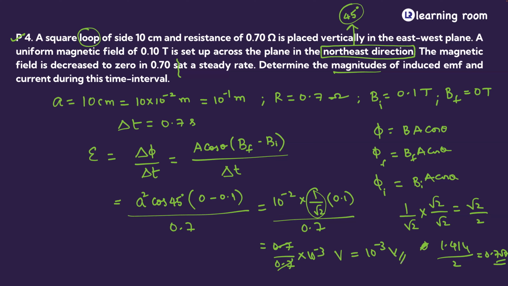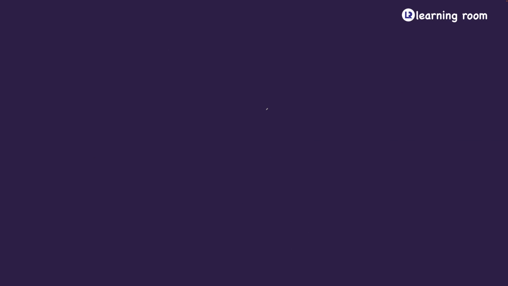So once I find the EMF, the next question they have asked is, what is the induced current? For which we need the resistance. So resistance is given as 0.7. So what is going to be the induced current? Induced current is equal to E divided by R. E is how much? 10 power minus 3, the whole divided by R, which is 0.7.